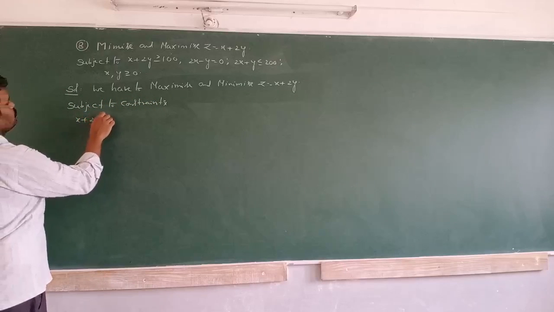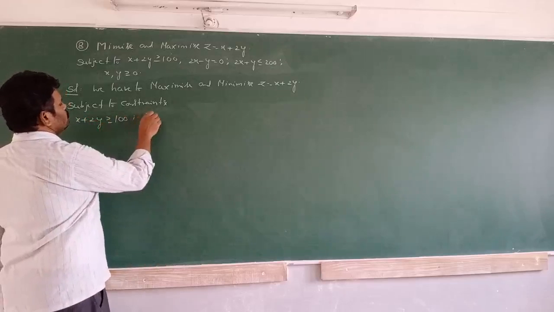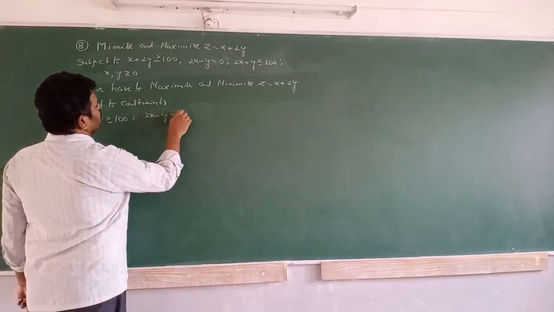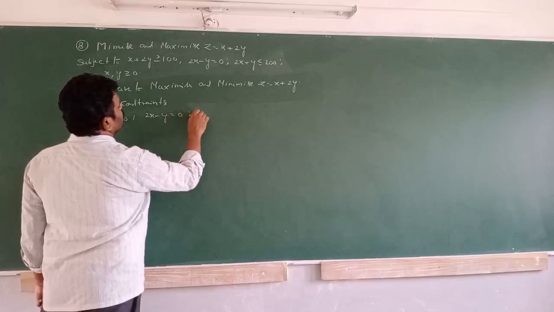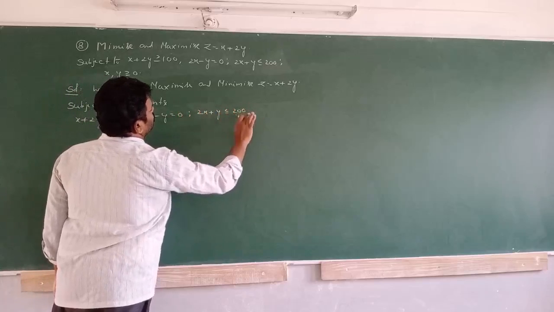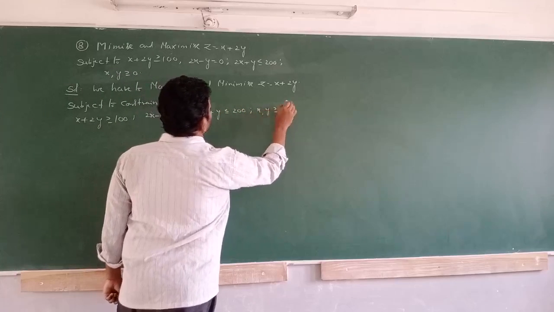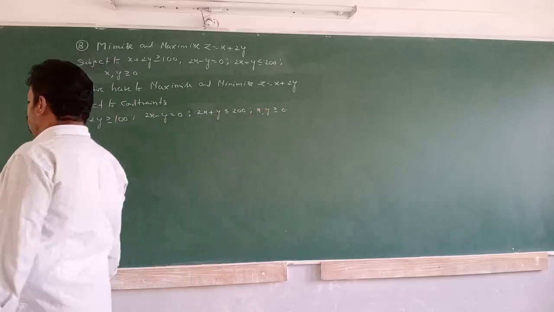The constraints given are: x plus 2y is greater than or equal to 100; 2x minus y is less than or equal to 0; 2x plus y is less than or equal to 200; and the non-negative constraint x, y greater than or equal to 0.